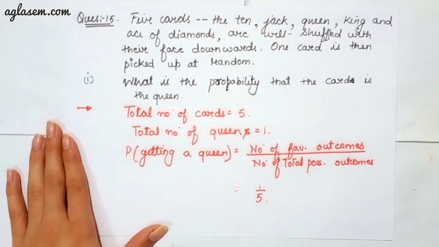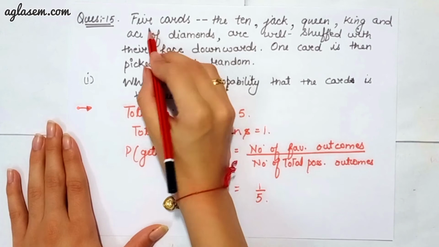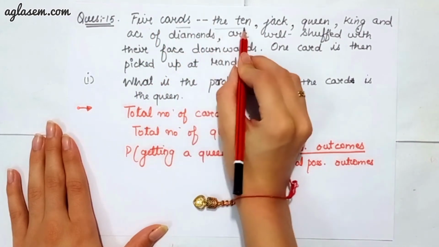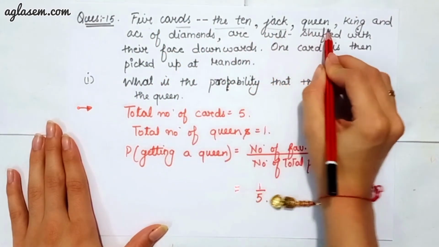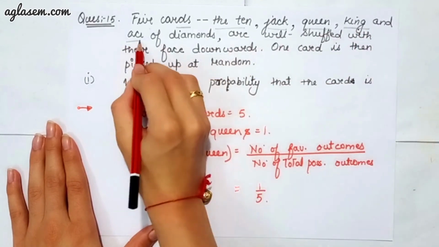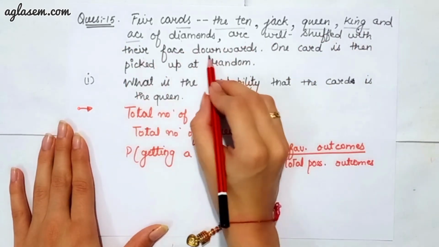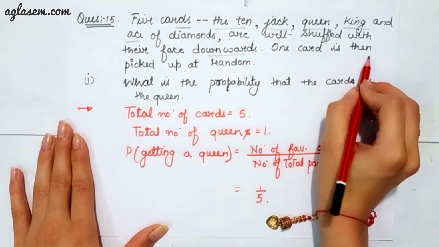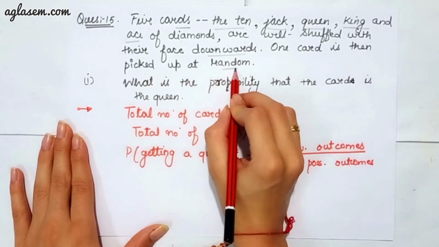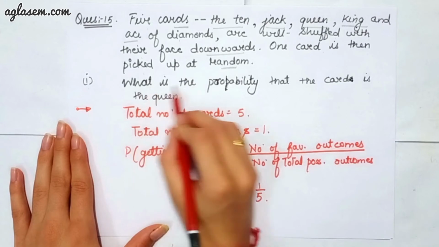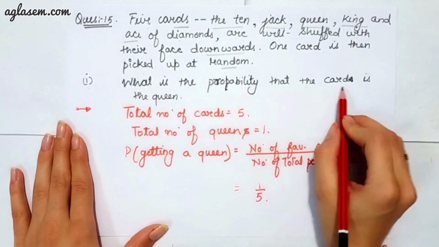Moving further to question number 15, which says 5 cards, that is the 10, jack, queen, king and ace of diamonds, are well shuffled with their faces downwards. One card is then picked up at random. Part 1 says, what is the probability that the card is a queen?